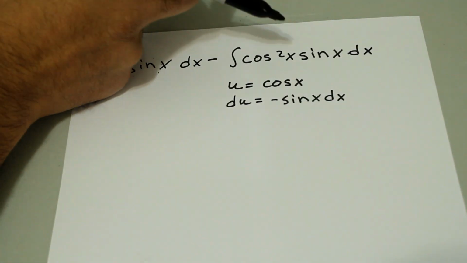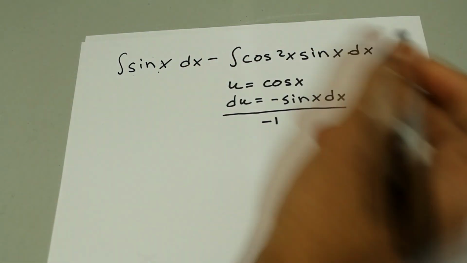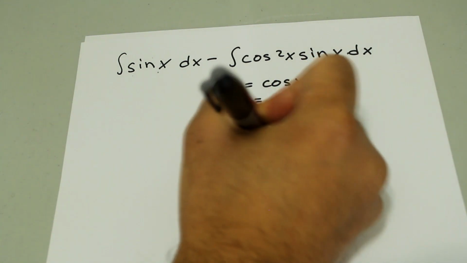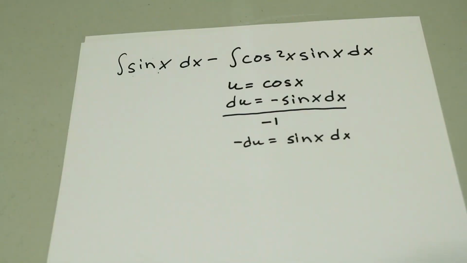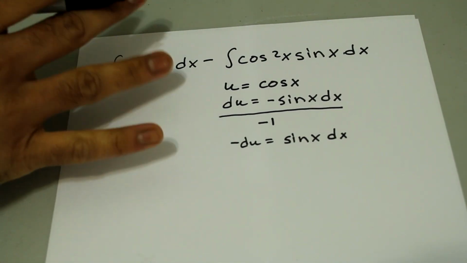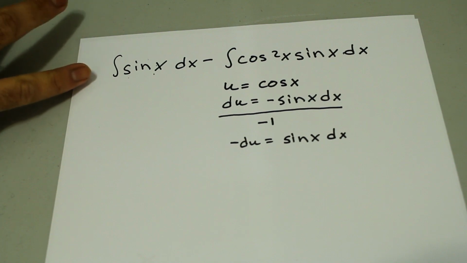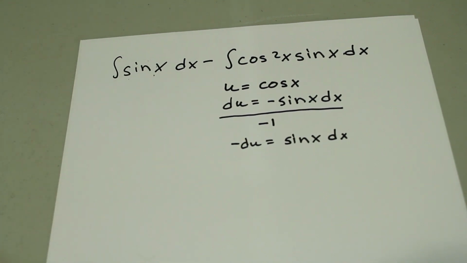Well, in the original problem we have sine of x dx, so I'm just going to go ahead and divide this by negative 1. So we have negative du is equal to sine of x dx. So I'm going to rewrite this problem and substitute in the u, and while I'm at it, since this is just a standard integral, I'm going to just write the answer for that.